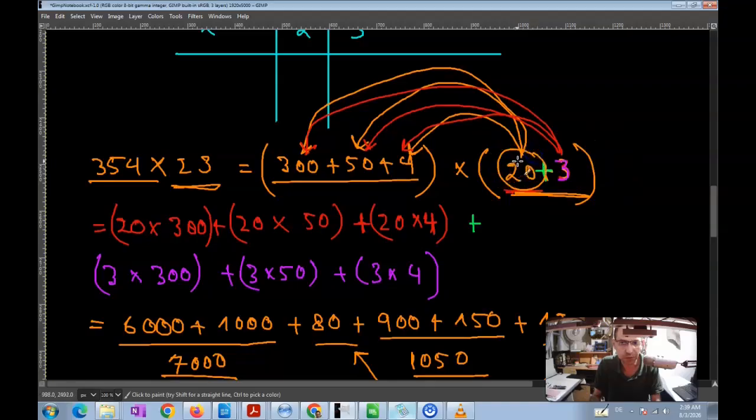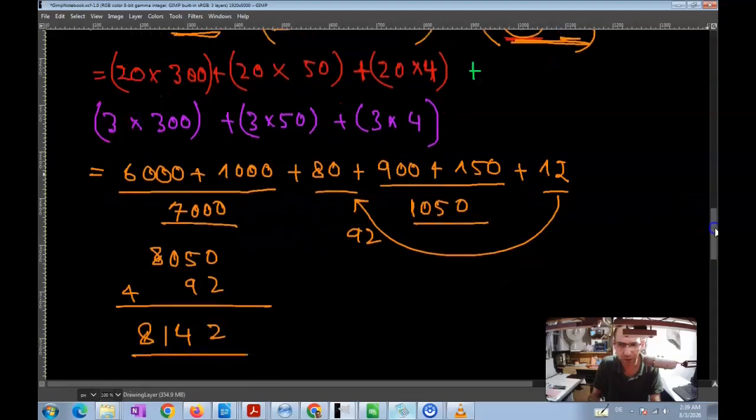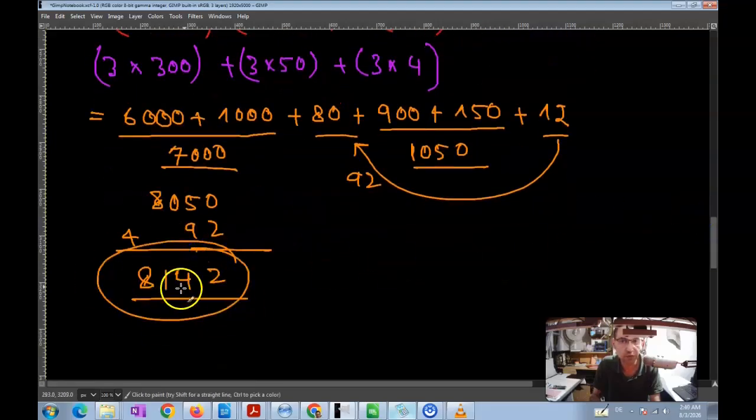You take the first part and multiply it by every part of the other number, and then you add that to the second part of this number multiplied by every part of this number, add the whole thing together, you will get the sum, which is 8,142, right?